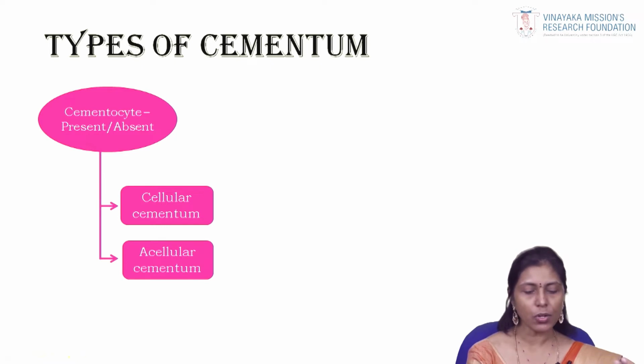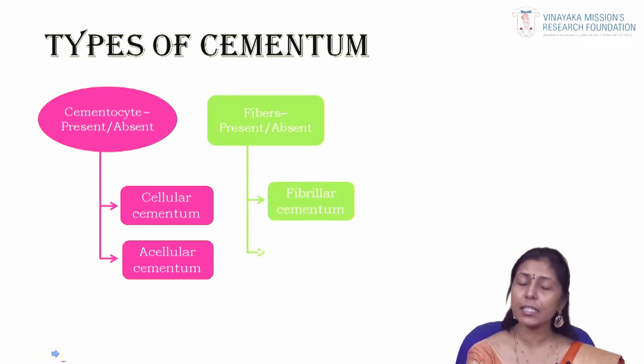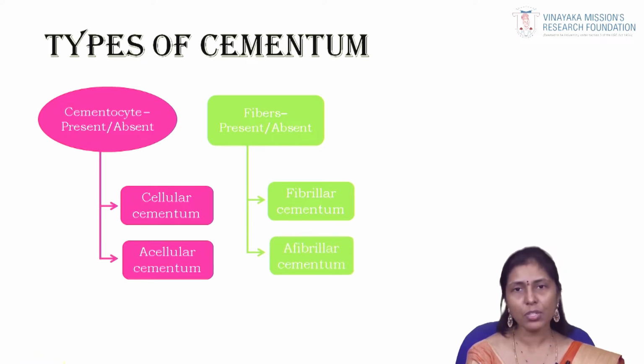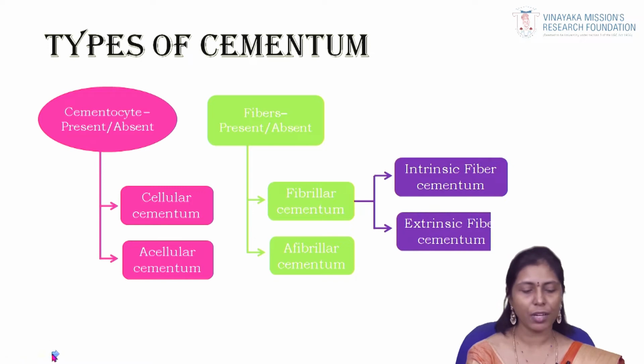Based on the presence or absence of fibers, if fibers are present, it is fibrillar cementum. If fibers are absent, you call it afibrillar cementum. Fibrillar cementum is further classified into intrinsic fiber cementum and extrinsic fiber cementum.